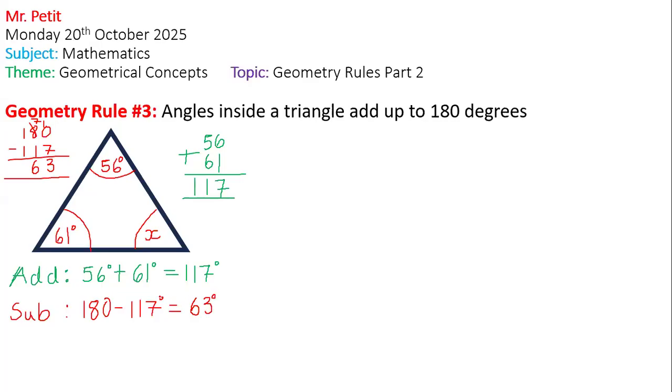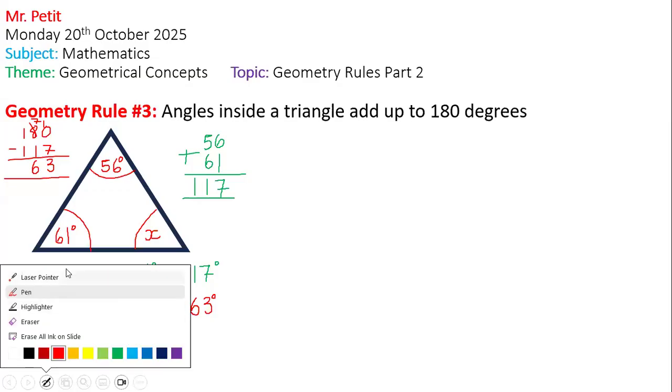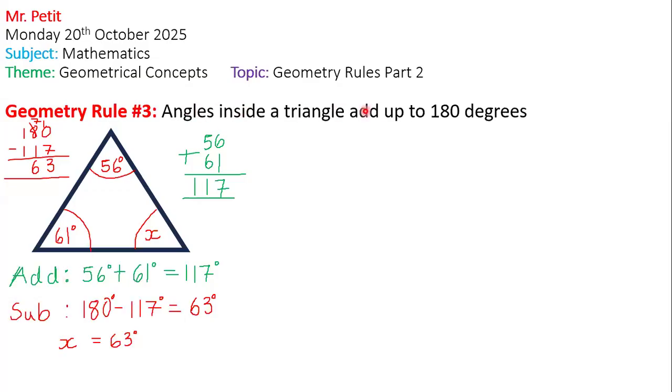All right, perfect. So that means that x is equal to 63 degrees. So quick recap, what did we do? Well, we realized that based on the rule, angles in a triangle add up to 180 degrees.